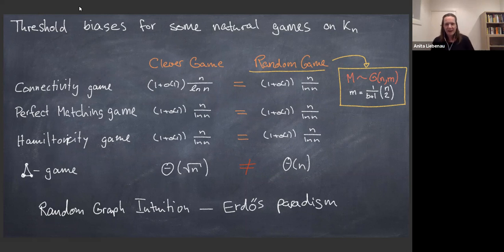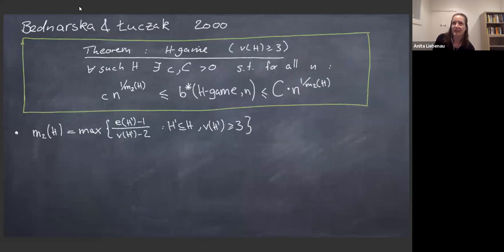So there are some results that somehow connect directly a random game with a clever game. And the first contextualization of such a connection is due to Bednarska and Łuczak from 2000. They considered the H game.